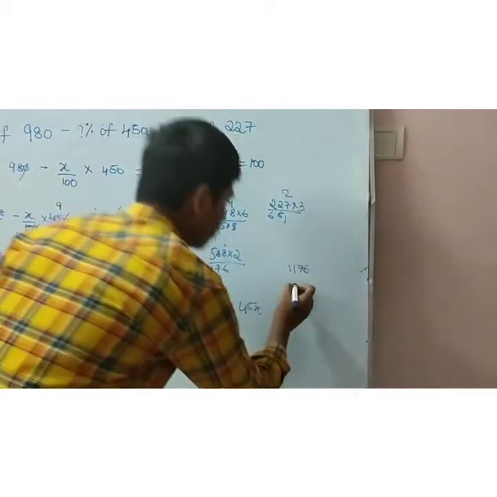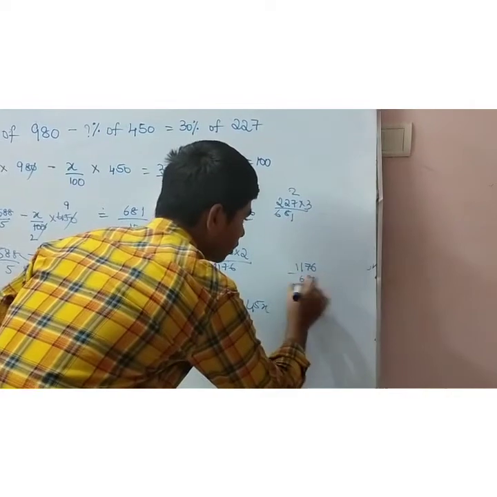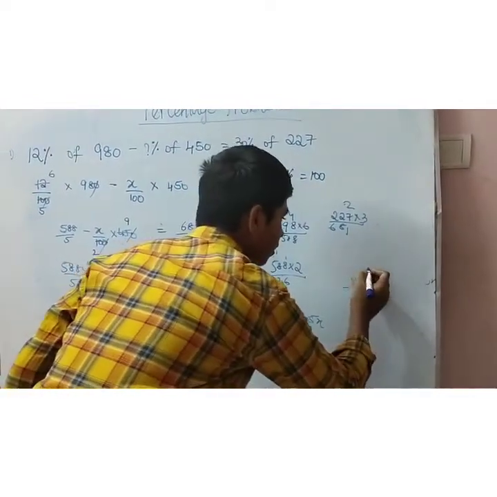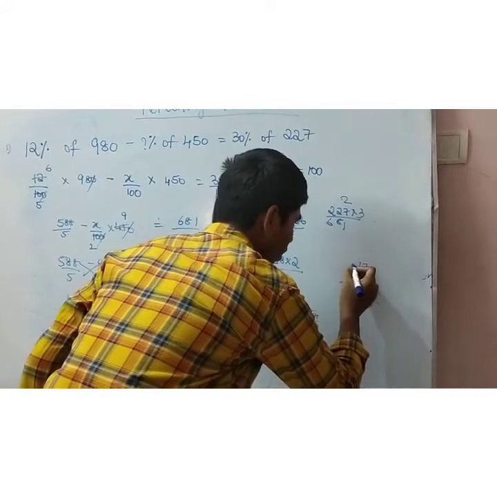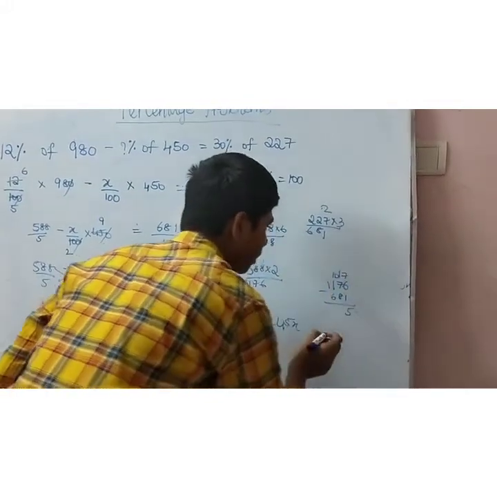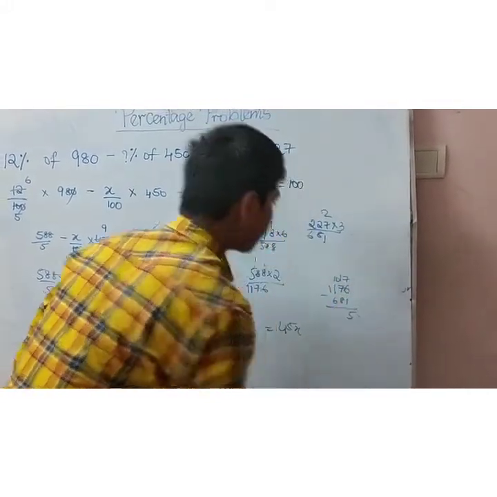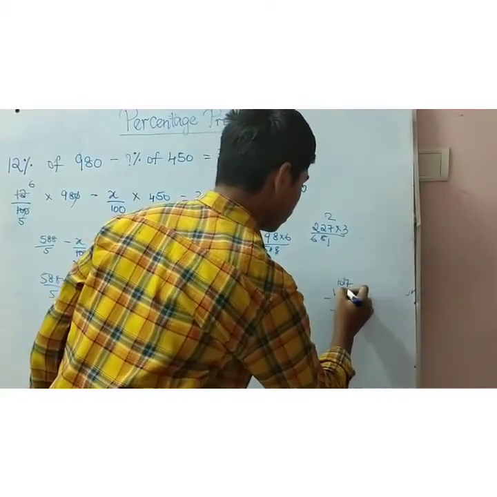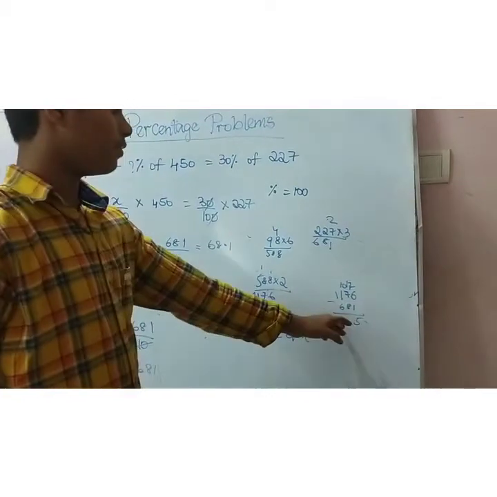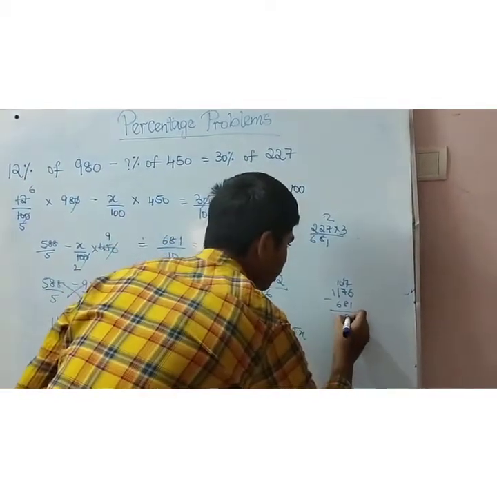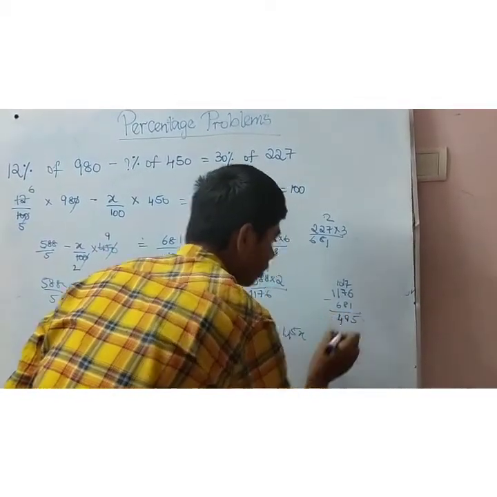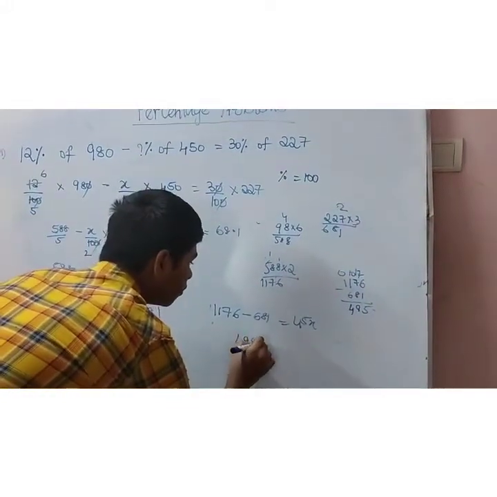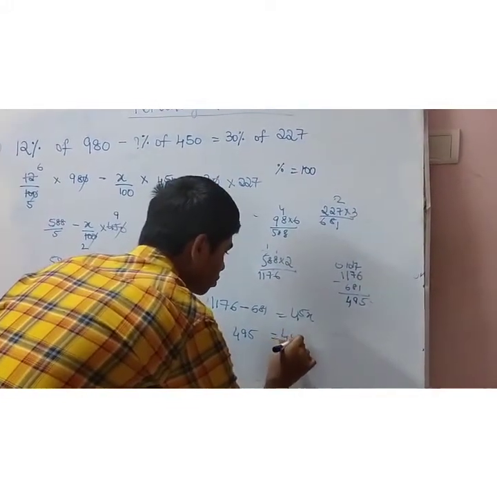1176 minus 681. That is 6 minus 1 is 5, 17, 10. 17 minus 8 is 9, 10 minus 6 is 4, 0. So the answer 495 is equal to 45x.